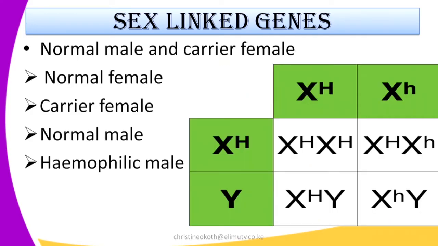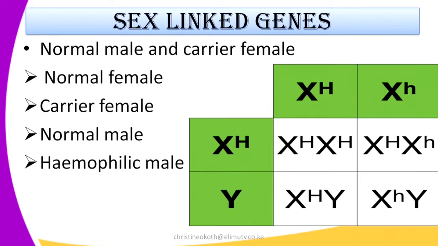So another cross is between a normal male and a carrier female. For a normal male, the H is going to be capital, denoting that he does not have the hemophilic gene. A carrier female is going to have both, but one is going to be the capital H and the X with the small h, because she is a carrier.